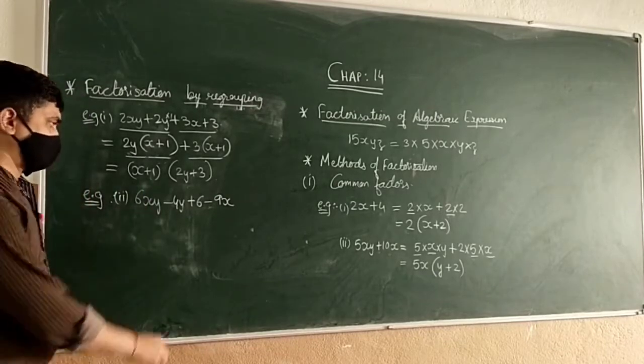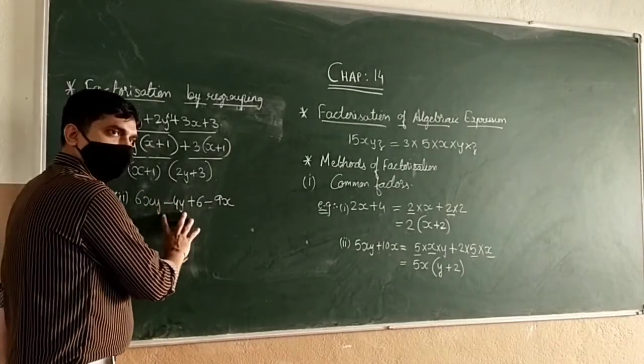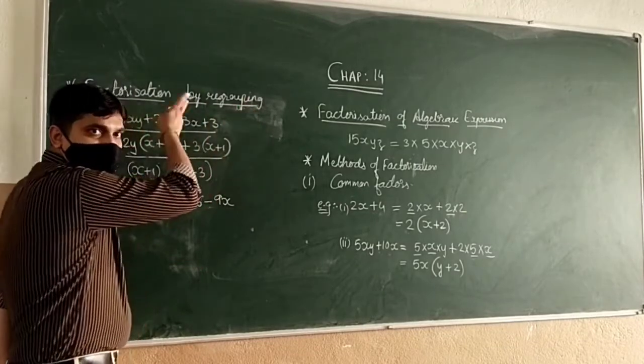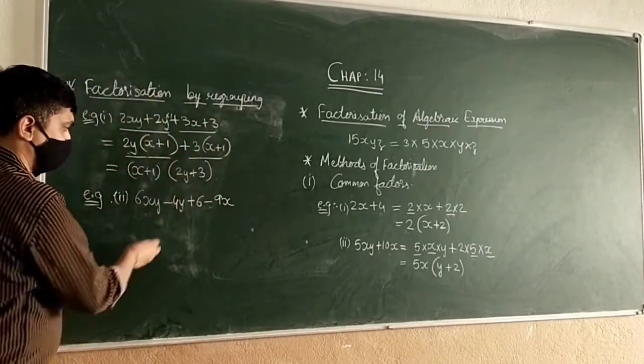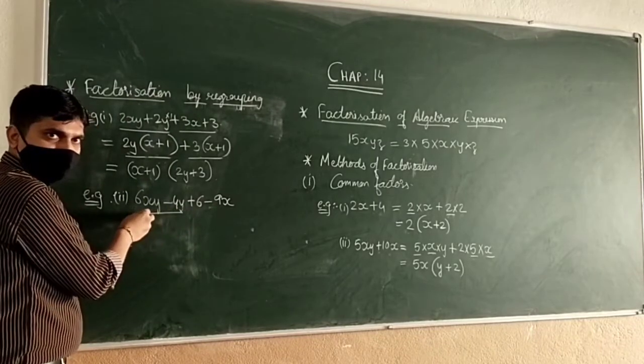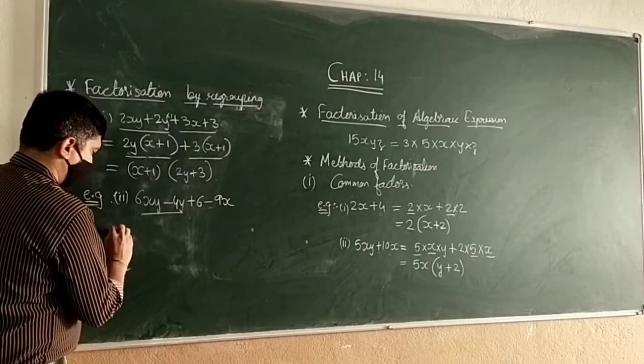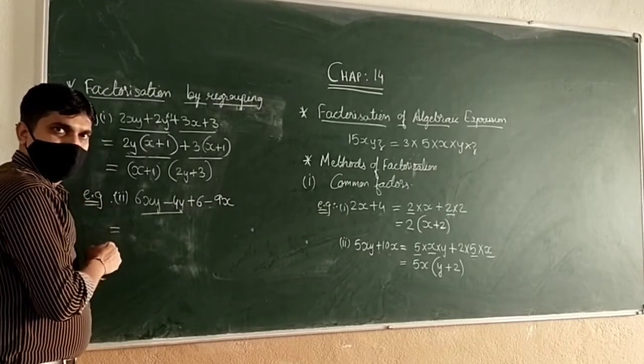Now looking at these terms, again we arrange by regrouping, factorization by regrouping only. I will take the first 2 terms and see what is common between them. Now if you don't know how to do it, what you will do?